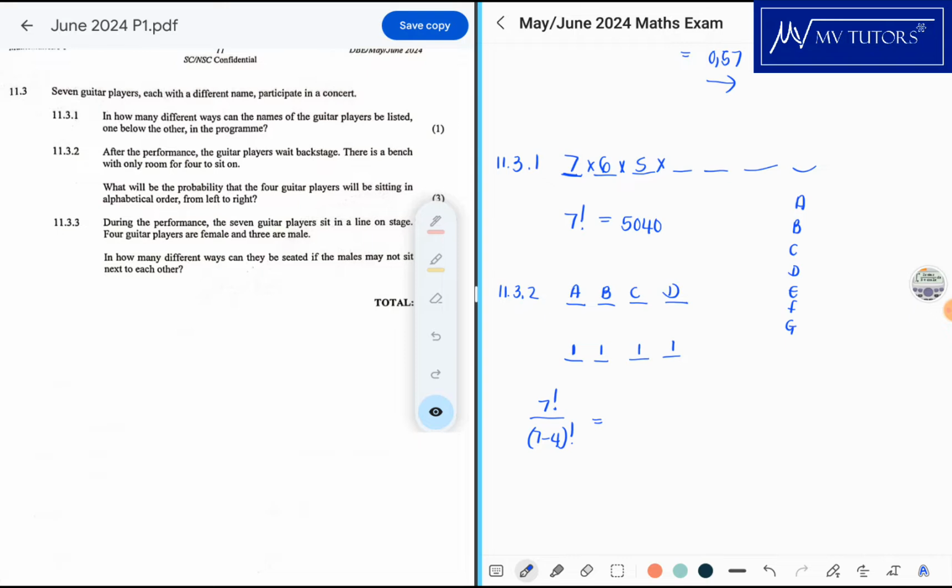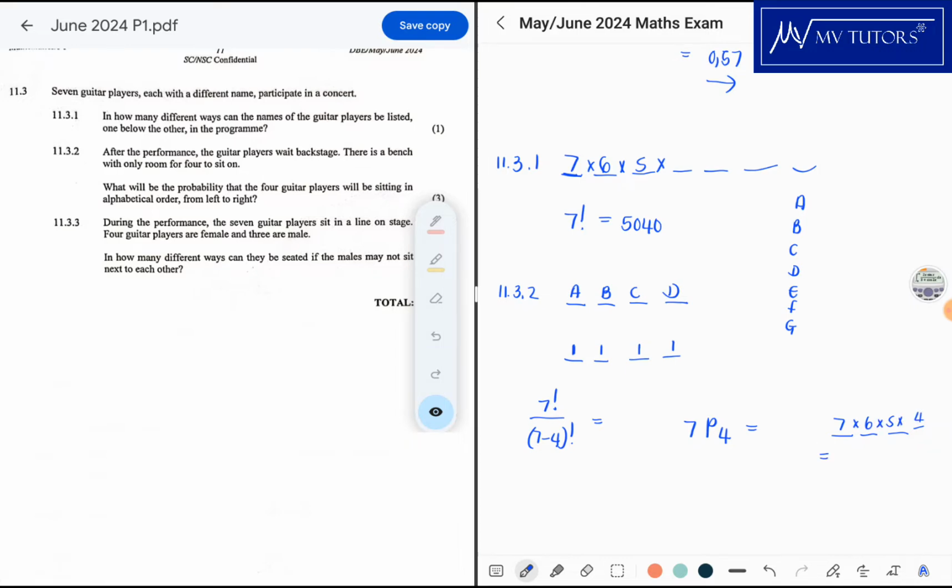Or you could use this function of the calculator. It's called nPr, the n being 7, then you have P, and then the r is 4. Okay, so you can work that out. Or you could say of the 4 spaces, you had 7 initially, then 6, then 5, then 4.